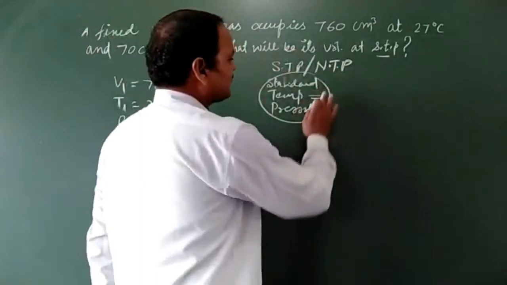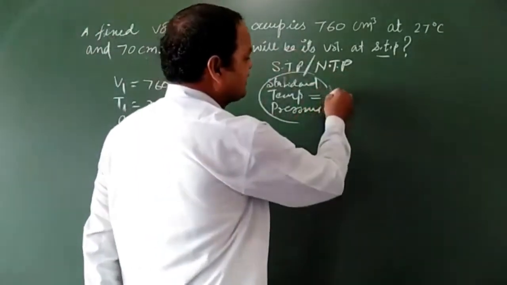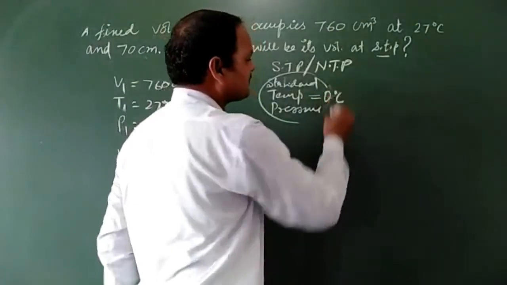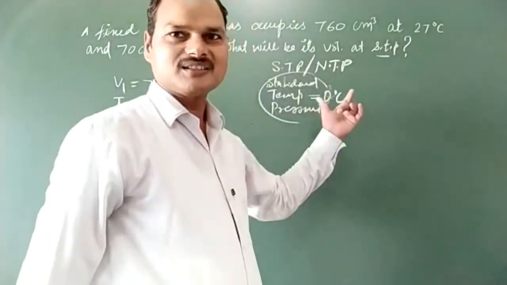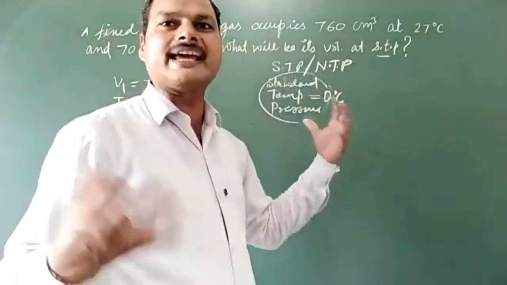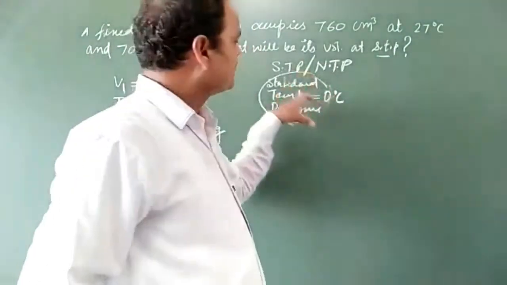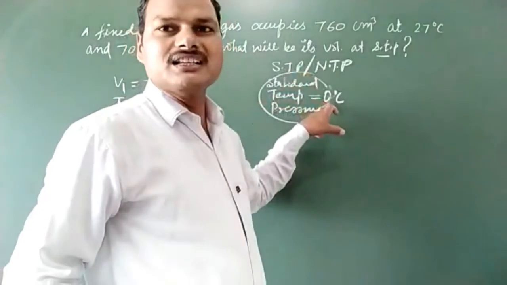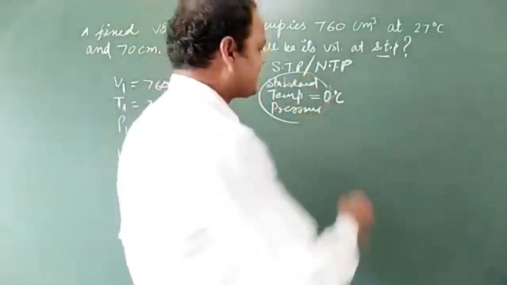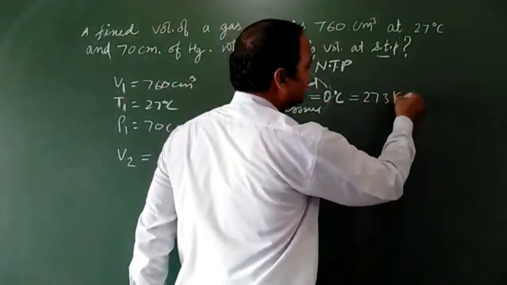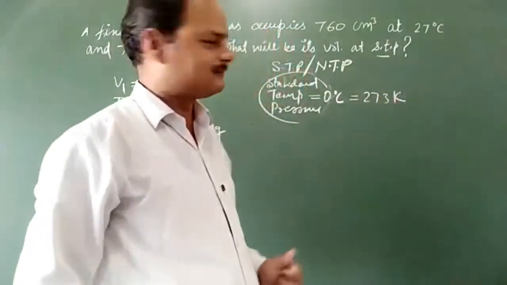Here temperature is taken 0 degrees Celsius, up to 10th class, because standard means any fixed value. So up to 10th, generally in books the temperature is taken 0 degrees Celsius, which will be equal to 273 Kelvin if it is taken in Kelvin scale.